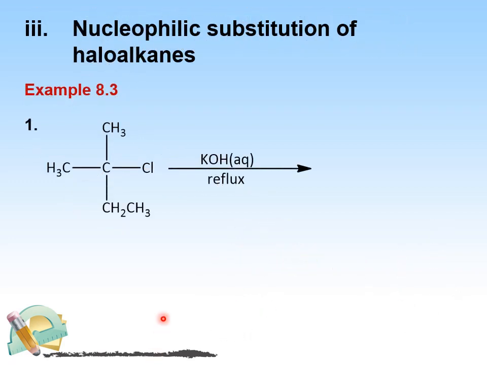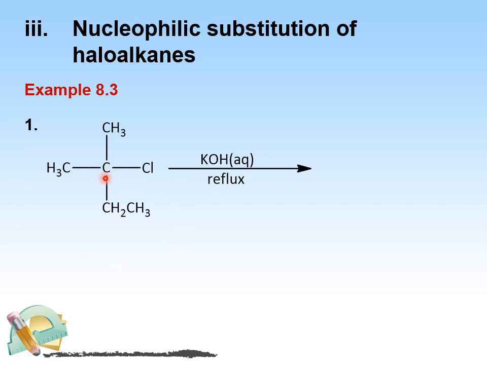The next reaction to produce alcohol is the nucleophilic substitution of haloalkanes. We have just learned about SN1 and SN2. So what type of haloalkane is this? It's a tertiary haloalkane.